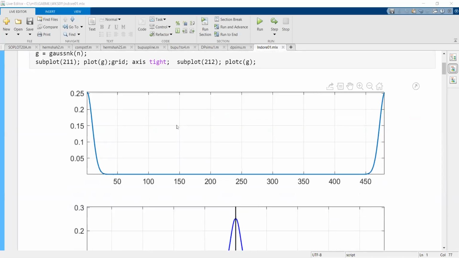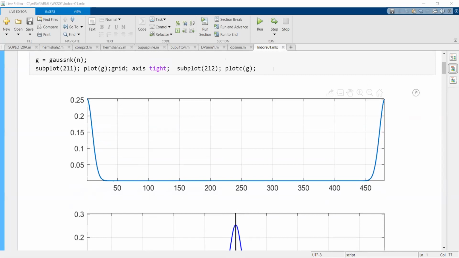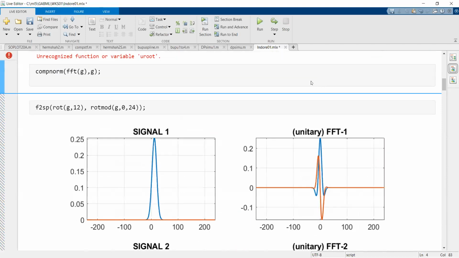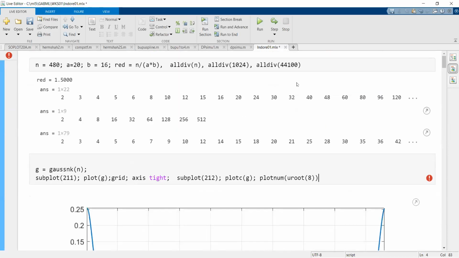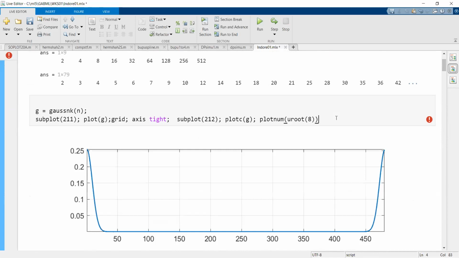Maybe I add something like this, plot num unit roots of order 8. I'm not sure if it will work, but let me try. No, it's not showing up in the right place.